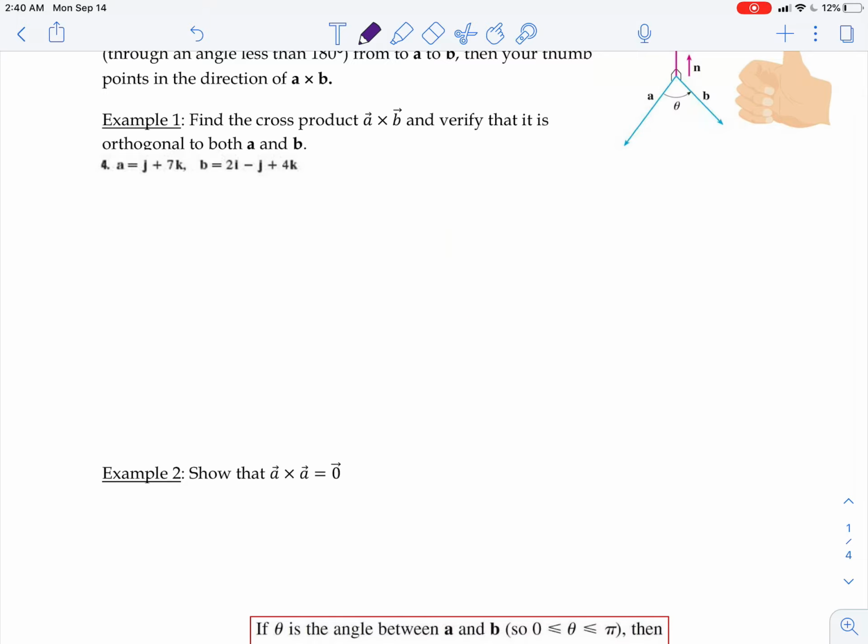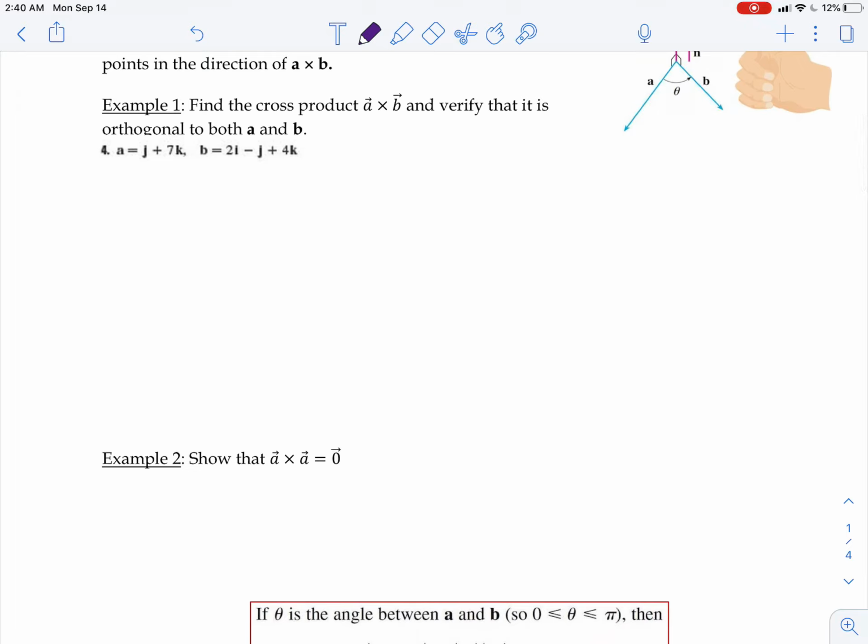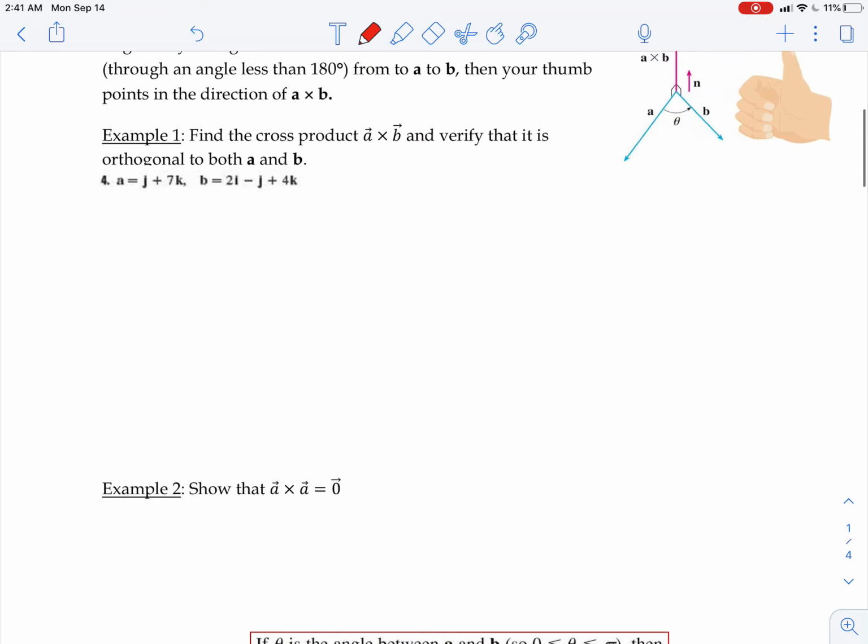All right, so now let's just go ahead and try to do the cross product. We're going to start with vector A and vector B, and we want to find the cross product, and then verify it to make sure that it is orthogonal to both A and B. So our vector A is 0, 1, 7, and vector B is 2, negative 1, 4.